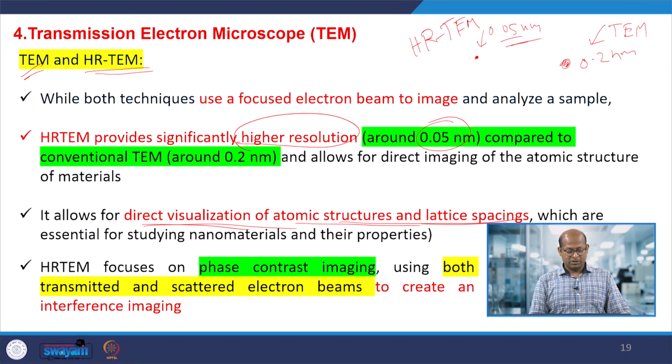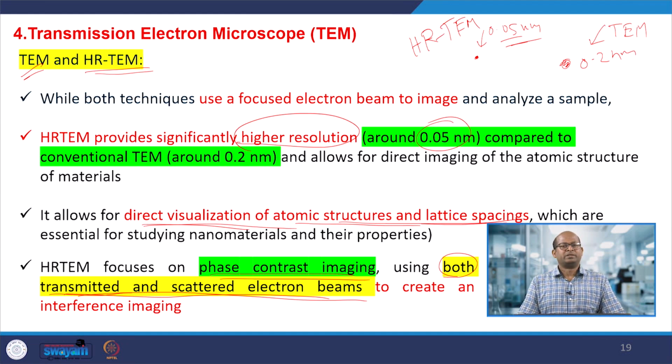Phase contrast images we can get through HR TEM, and here both transmitted as well as scattered electron beams are useful. As I said, in the case of SEM images, only backscattered electrons coming from the surface of the sample are collected with the help of detectors.